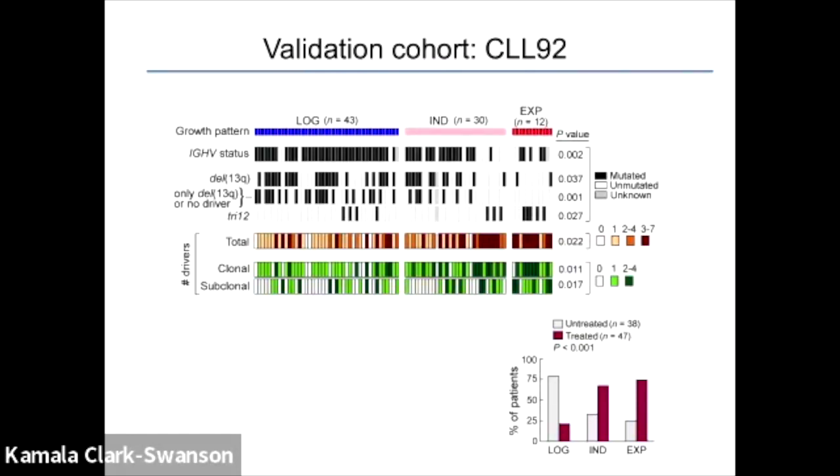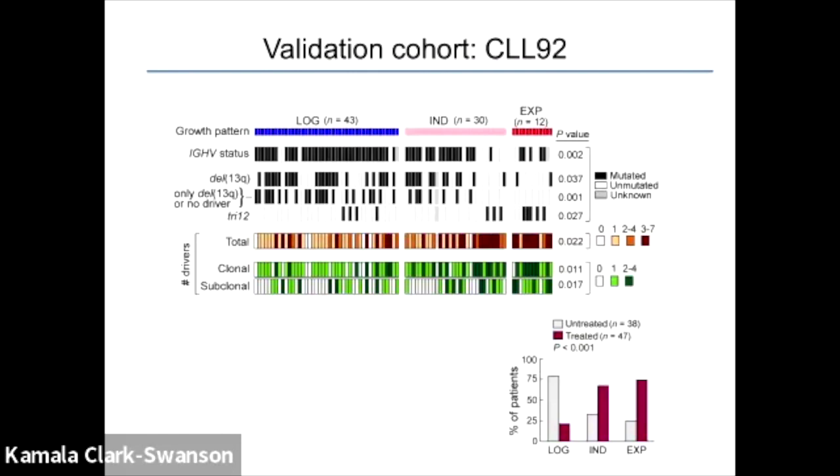In this larger cohort, we could also find and confirm some things that were only hints in our smaller data set. For example, logistic growth pattern was associated with a particular genetic change, deletion 13q, which is known to correspond to more indolent CLLs, whereas trisomy 12 was associated with exponential growth and more aggressive CLL.